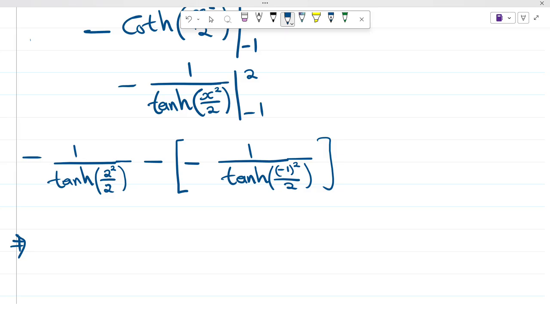Then you press on your calculator. You should be able to get 1.127 as your answer. So this should be your final answer, provided that you didn't make a mistake. I didn't make a mistake. So that's how you get the answer. I hope you got it.